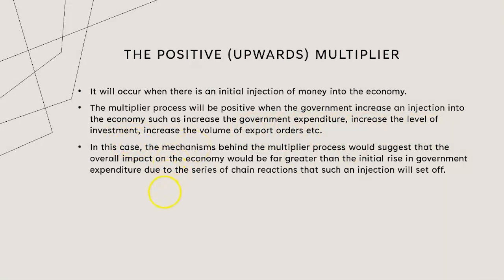In this case, the mechanism behind the multiplier process suggests that the overall impact on the economy will be far greater than the initial raise in government expenditure due to the series of chain reactions that such an injection will set off. That's why it's called a multiplier, right? So it has a chain reaction.